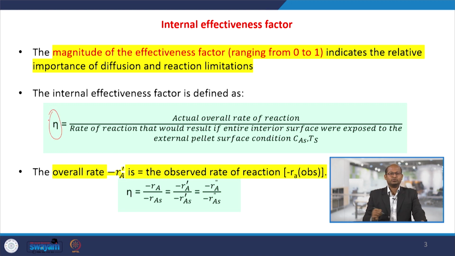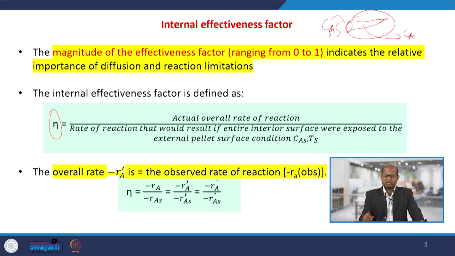It is basically a ratio of two rates. When you take a spherical particle, this is the surface concentration and this is the pore. Here the concentration is Ca and the surface concentration is Cas. If the reactant concentrations at the surface and inside the pores are different, then of course the rate of reaction inside and the rate at the outer surface would be different at these locations.